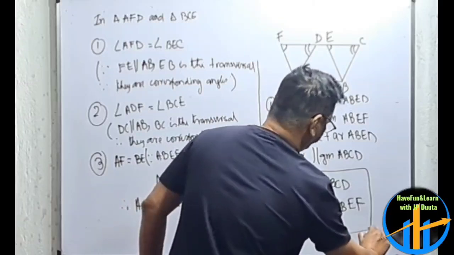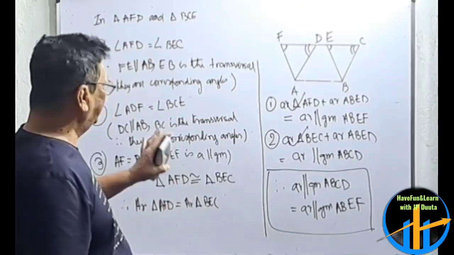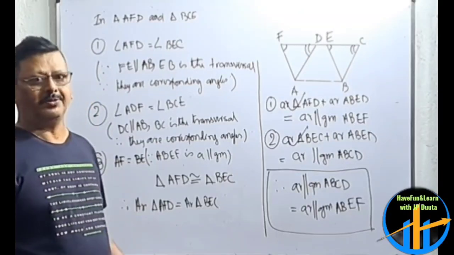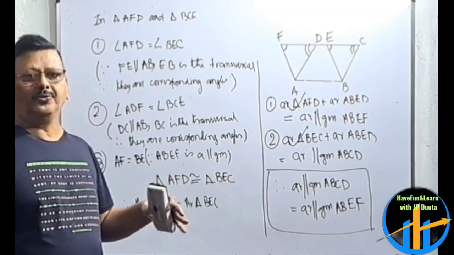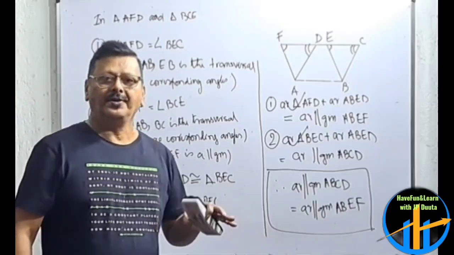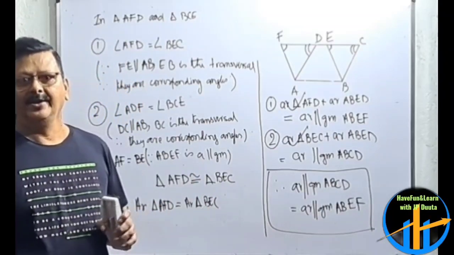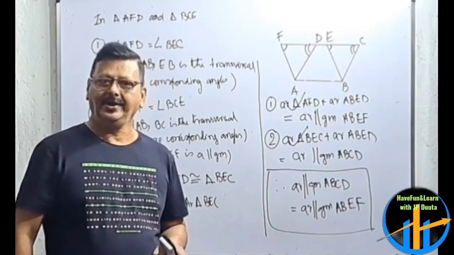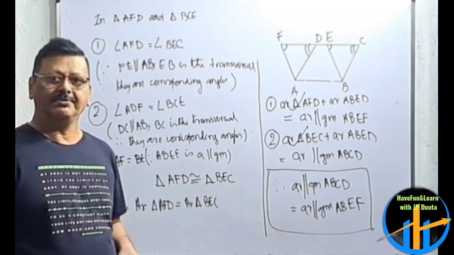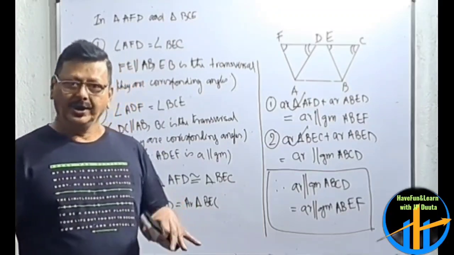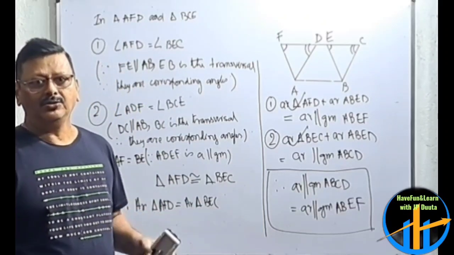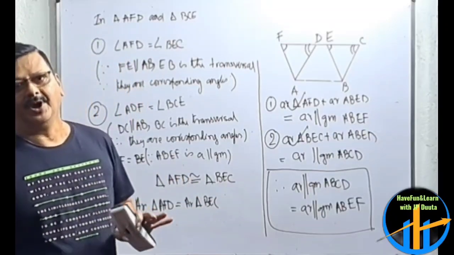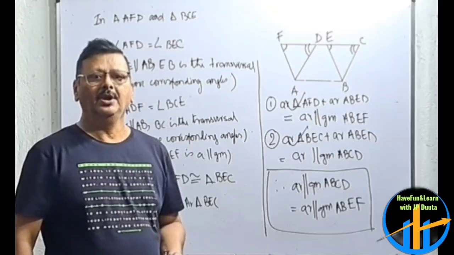Correct? Now, this theoretical part will immensely help us in understanding how to find the areas of a triangle, that is half base into height, then area of a parallelogram, that is base into height, and also that of trapezium and rhombus. Today we will also see how to prove that the area of a parallelogram is given by base into height using this particular theorem.